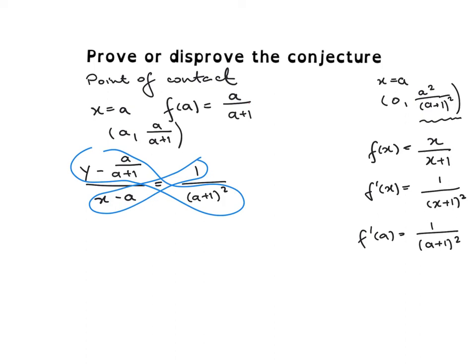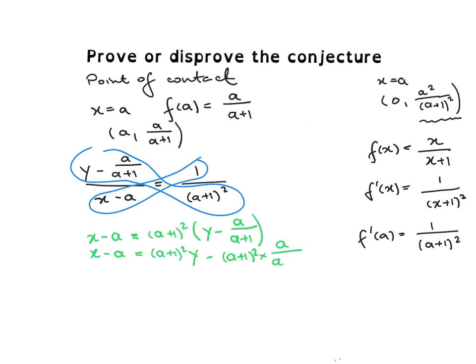Now this is going to give us x take away a equal to (a plus 1) to the power of 2 times (y take away a over a plus 1). So expand: x take away a is equal to (a plus 1) to the power of 2 times y, take away (a plus 1) to the power of 2 times a over a plus 1.